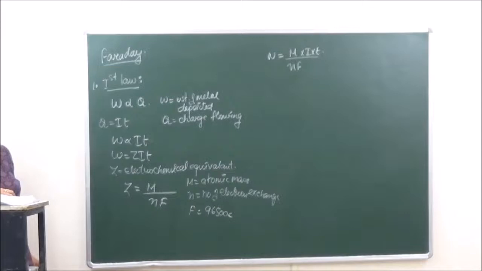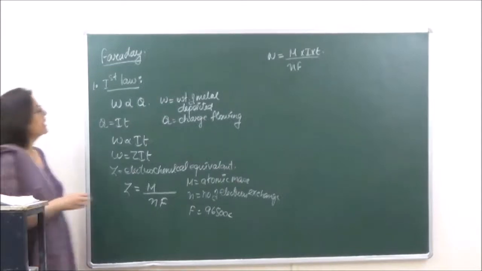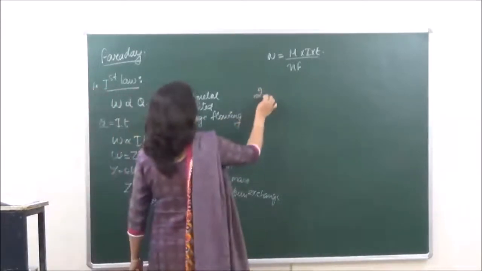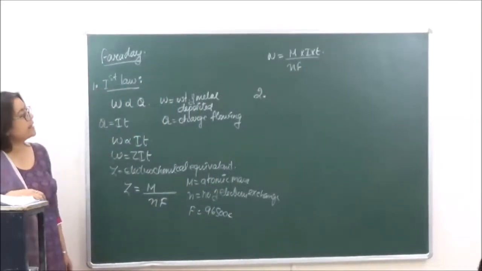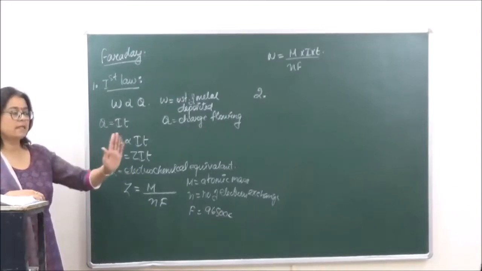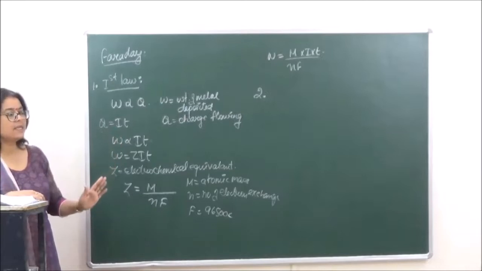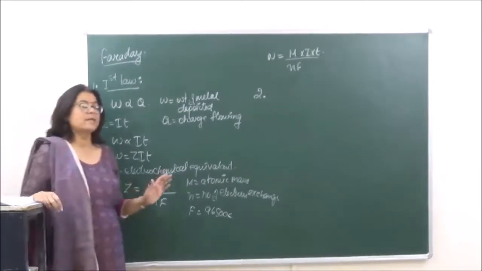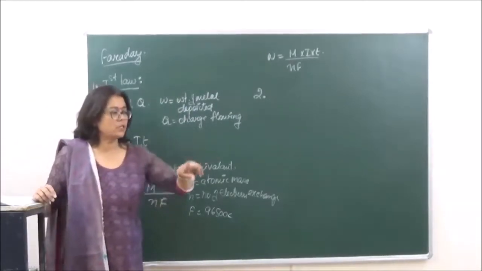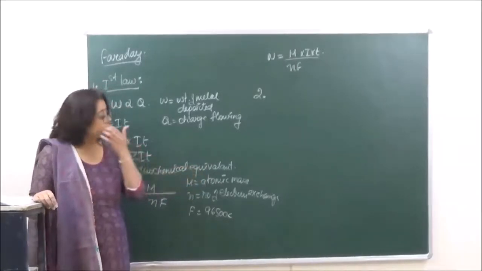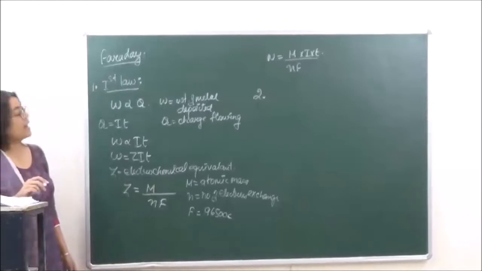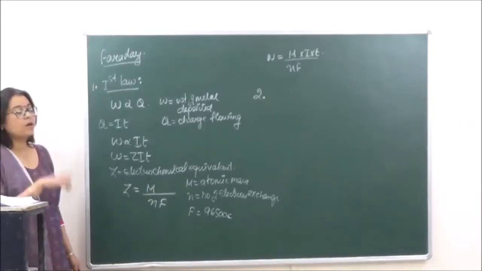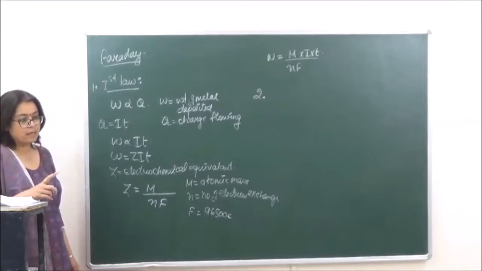Got it? Okay, so then we go on to the second law. According to the second law, if we are taking different cells connected in series, series means the negative is connected to the positive of the next cell, then the same quantity of charge is flowing through the cells.